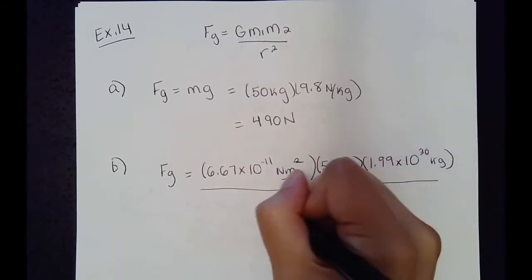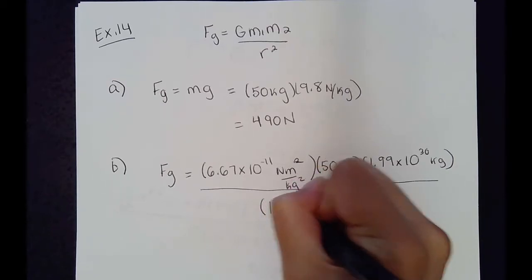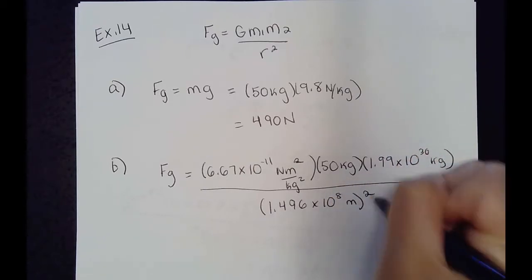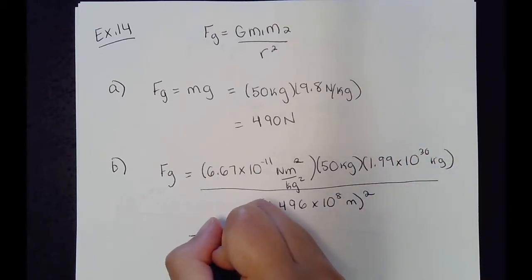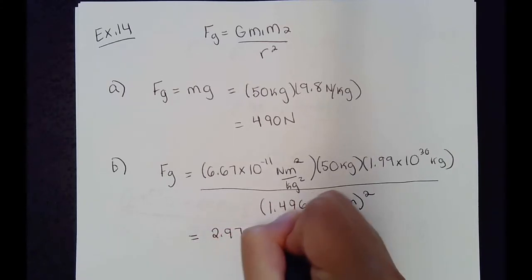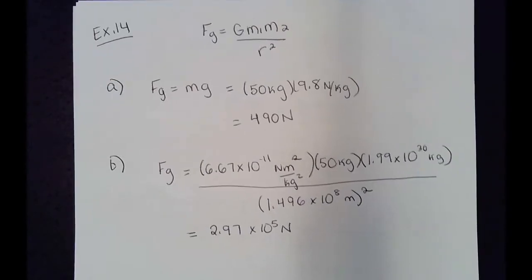And that's over the radius, or the Earth to Sun distance, which is 1.496 times 10 to the 8 meters squared, which gives me 2.97 times 10 to the 5 newtons. So a much greater force than in part A.